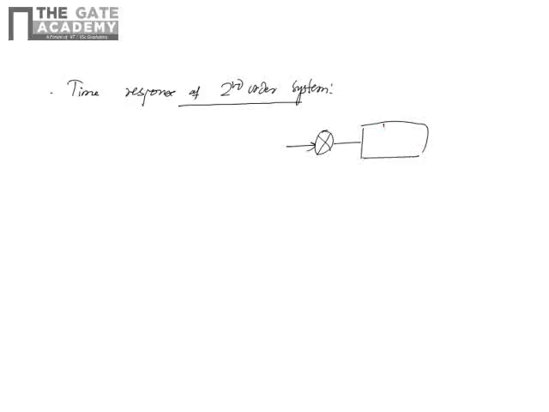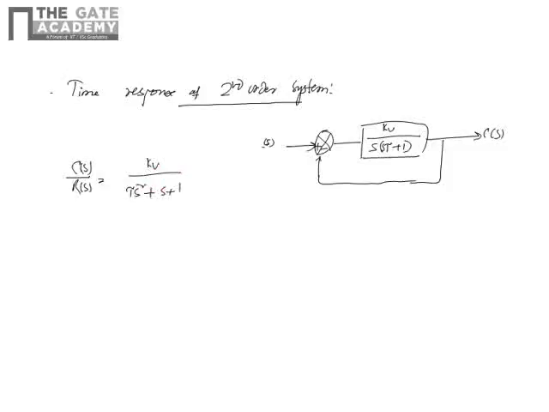Okay. So the time response of second order system. What is the transfer function? We'll see now for the second order system. This is R(s), K_v by s into (s tau plus 1), C(s) is R(s). Now C(s) by R(s) equal to K_v by tau s square plus s plus K_v.